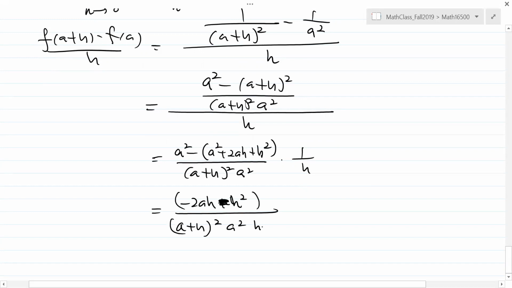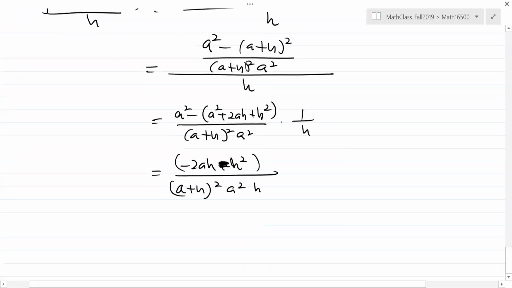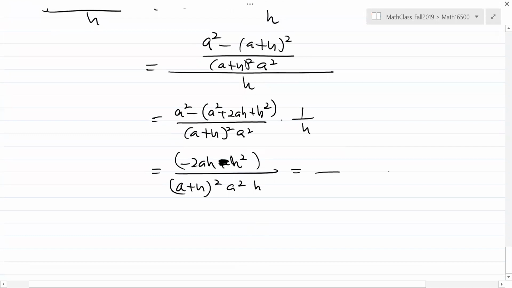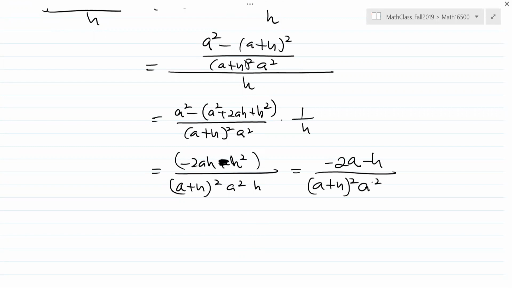So you should be able to take one h out of the numerator. Then you cancel it with the h in the denominator, okay? So if you take one h out, it's negative 2a minus h over (a plus h) squared and a squared. There's no factor of h in the denominator. H canceled out.